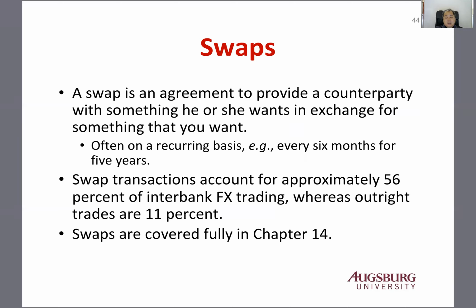Swap transactions account for approximately 56% of the interbank forward trade market, which means that swaps are pretty large, whereas outright trades are about 11%. We're going to see swaps in a little more detail in chapter 14.